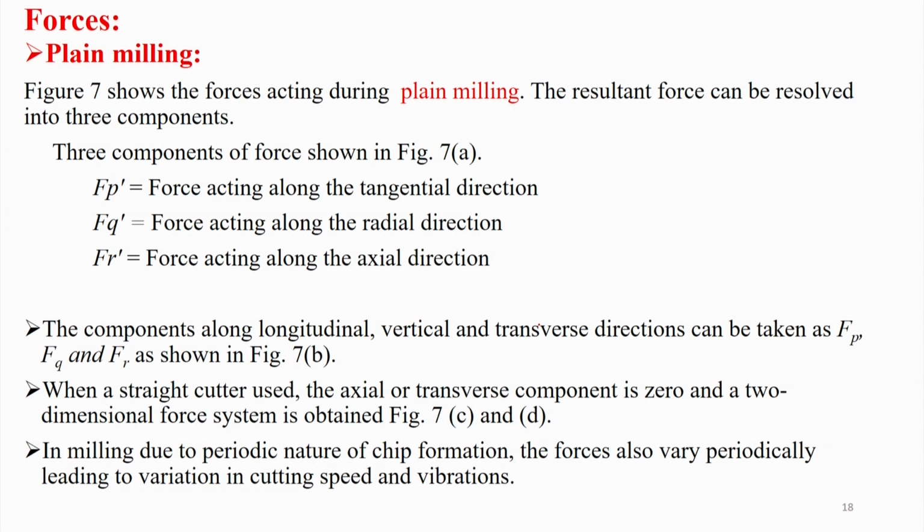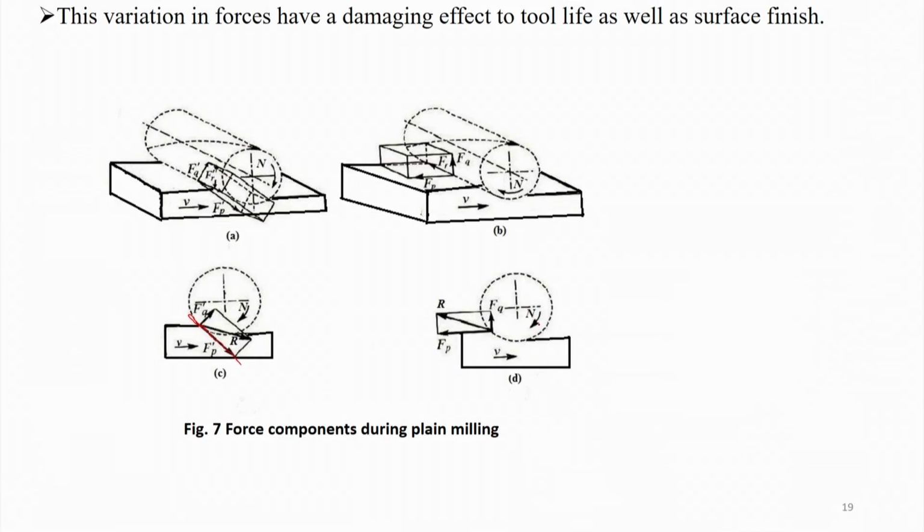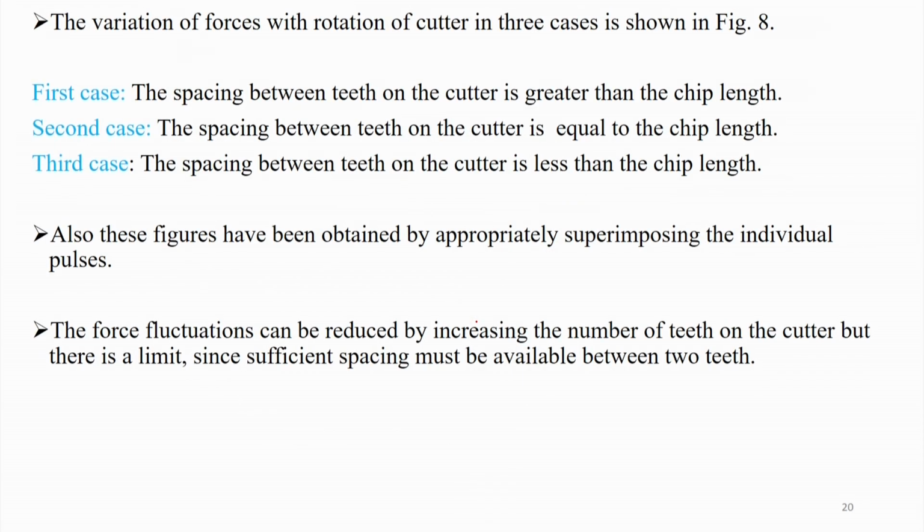If it is in the opposite direction, then it should have been like this, that means it should be a down milling situation. In that case, this direction will be shown in the opposite direction. So, these are the force components.